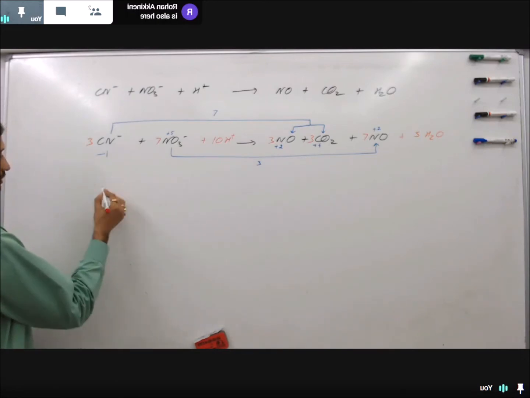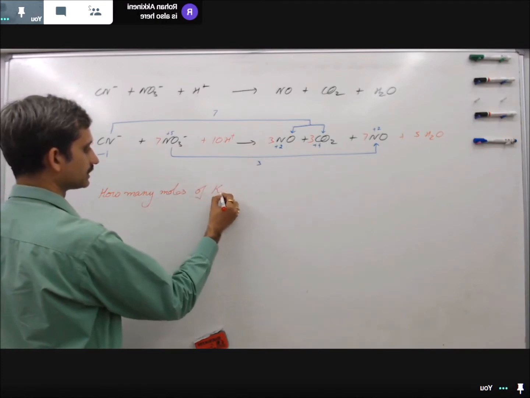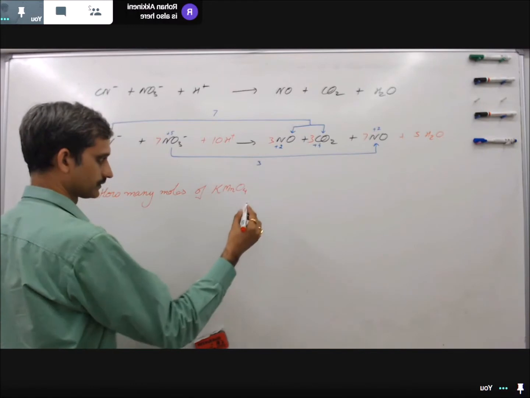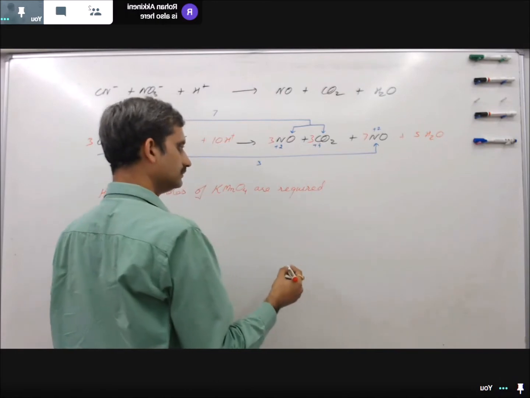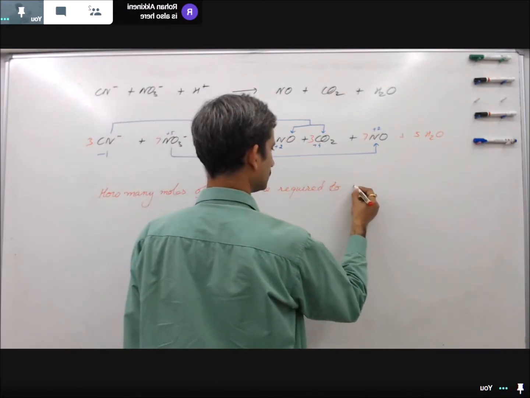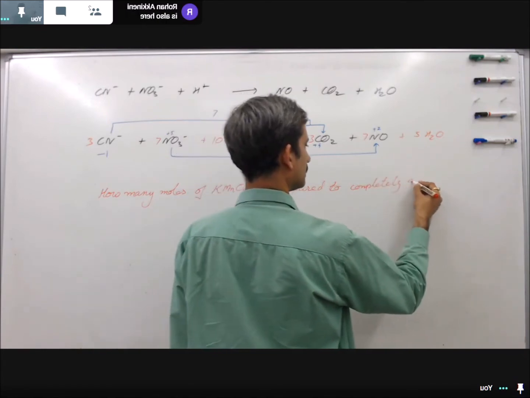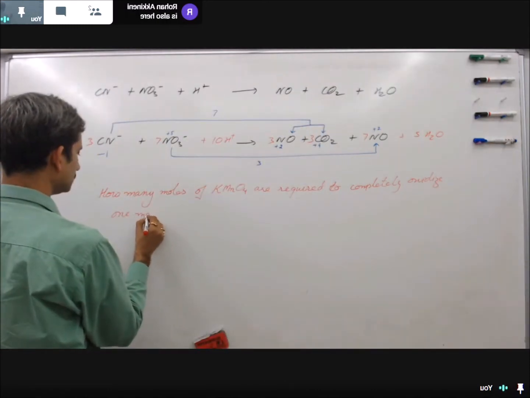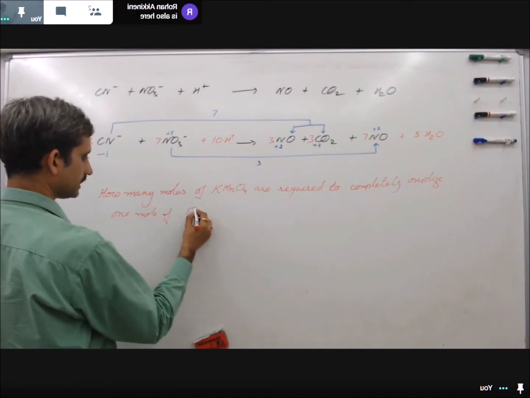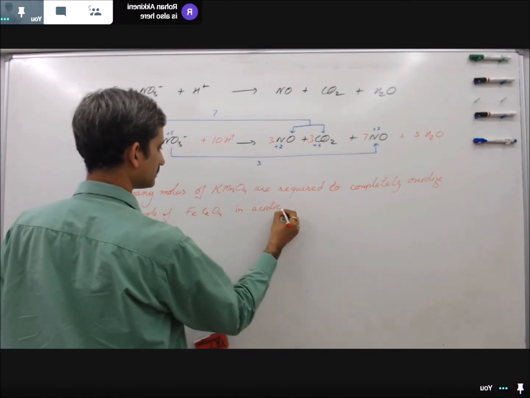The question is, how many moles of KMnO4 are required to completely oxidize 1 mole of FeC2O4 in acidic medium?